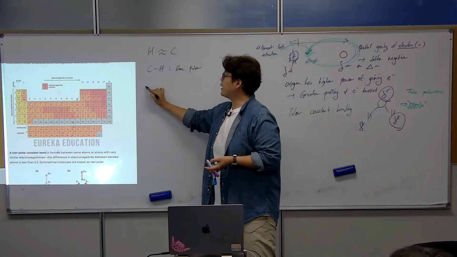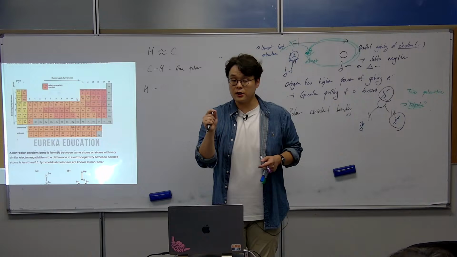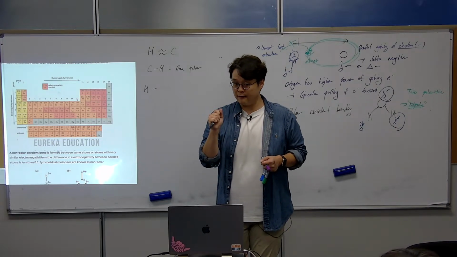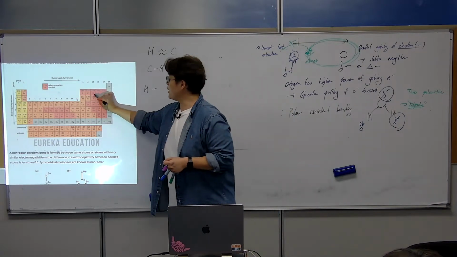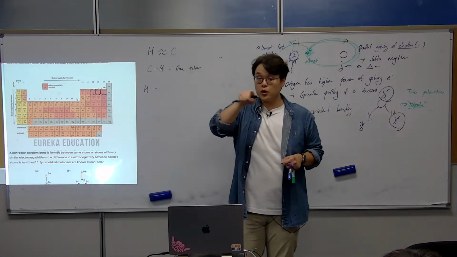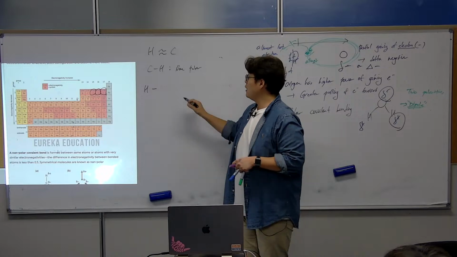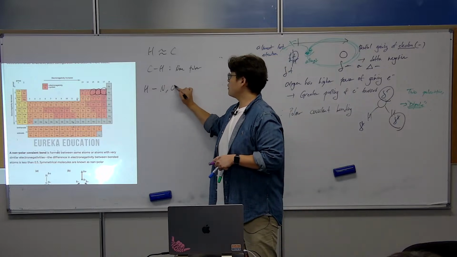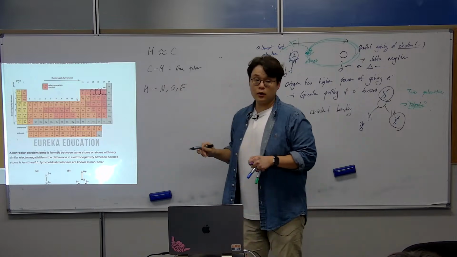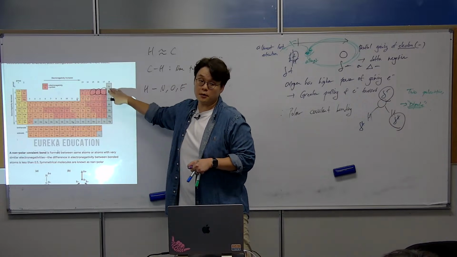Now, when hydrogen is forming a bond with the strongest electronegative elements, which are nitrogen, oxygen, fluorine. These three are known to be the most electronegative elements. Hydrogen with nitrogen, oxygen, and fluorine. Or the chlorine is too, but we can't ignore the different periods.